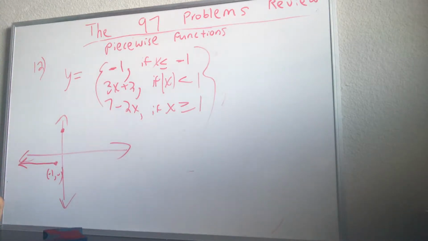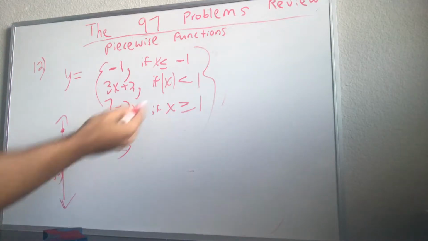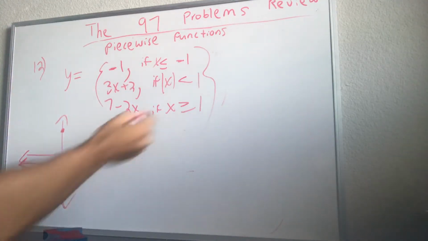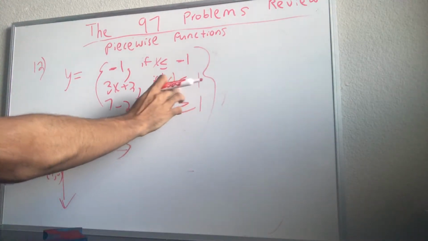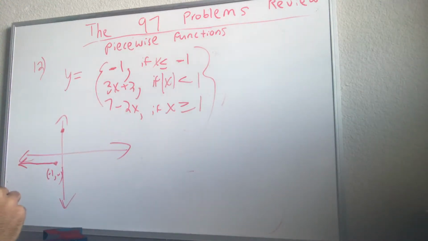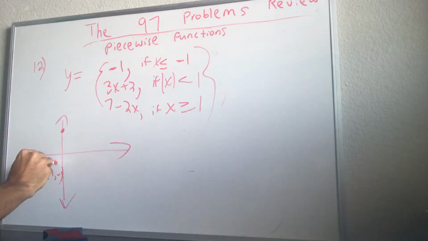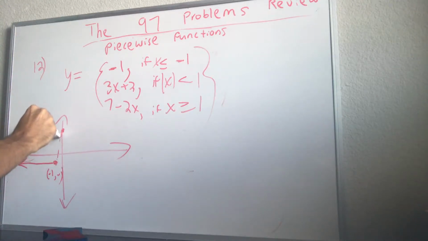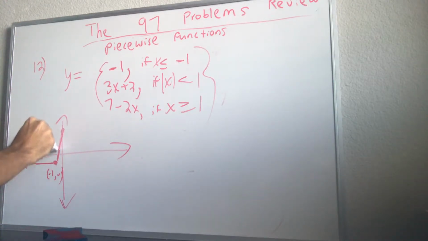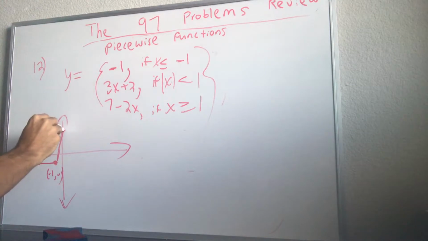Obviously, if you put -1 here, it does not meet the criteria. However, if you put -0.99 or anything like that, that does meet this criteria. So we still say that (-1, -1) is a point, and then we just connect these two points here.